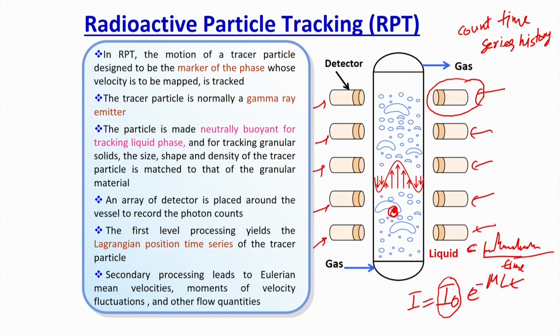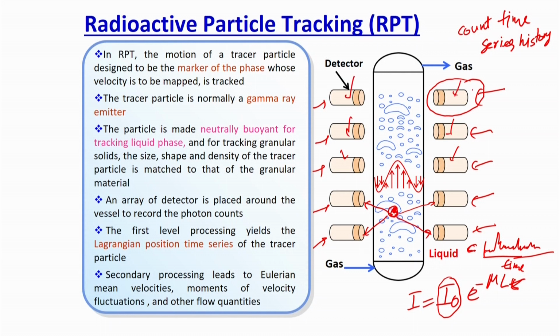By using Beer-Lambert's law, the photon counts will be higher on those detectors where the distance is less. It means this L is less. It means if suppose the particle is placed at this location, the photon counts on these detectors will be higher compared to these detectors.